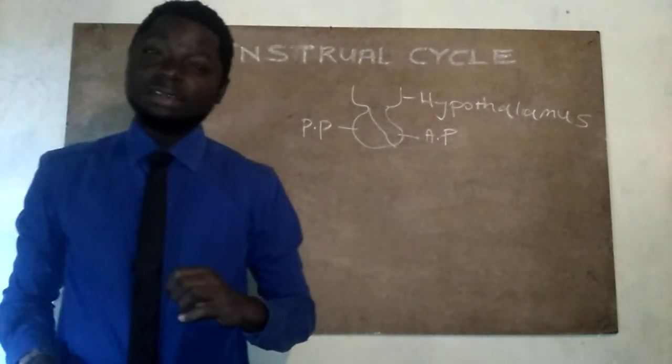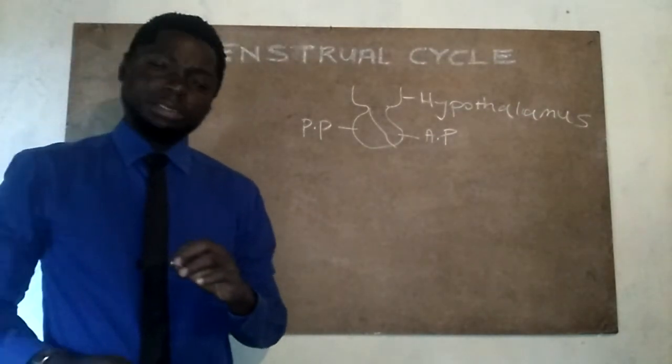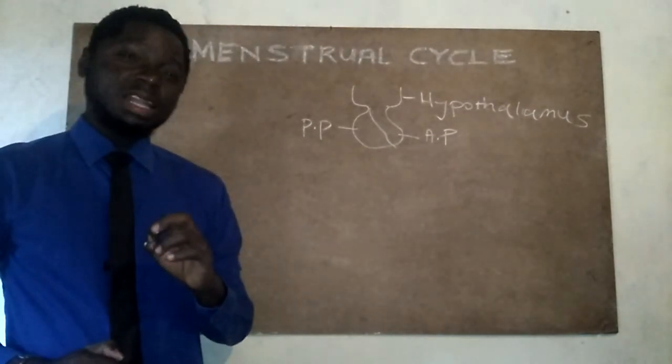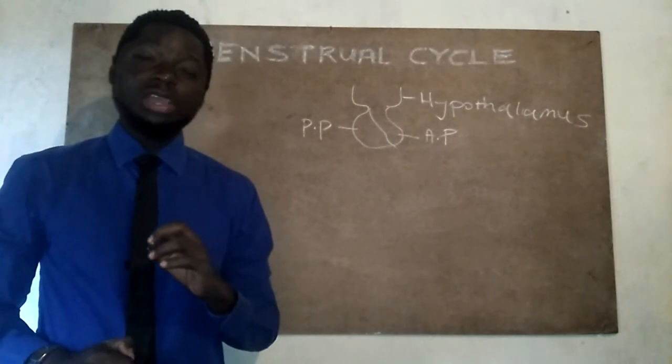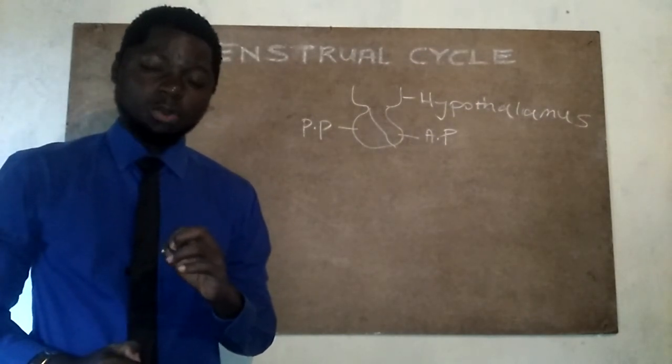What happens is that during puberty, the hypothalamus starts secreting a hormone called the gonadotropin releasing hormone.